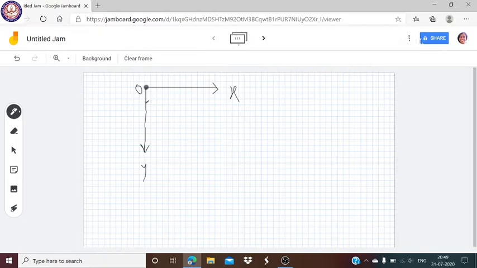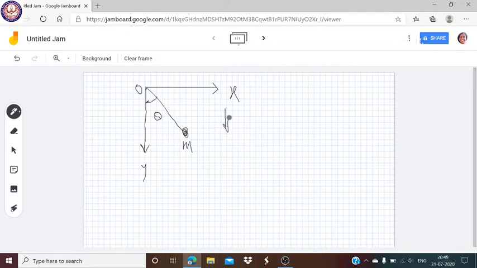Now, if I draw the simple pendulum with a bob of mass m, and the angle which it makes with the y-axis is theta.